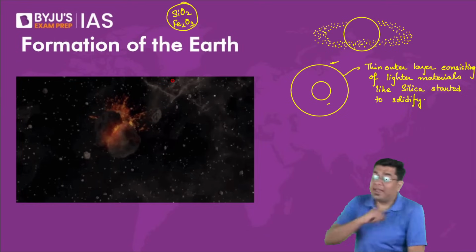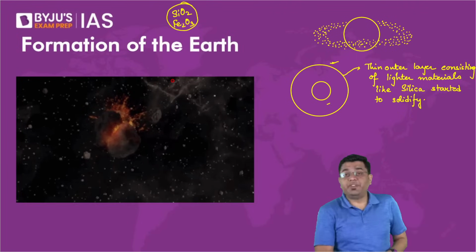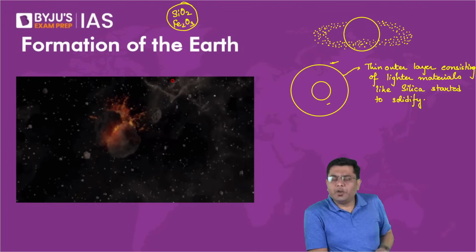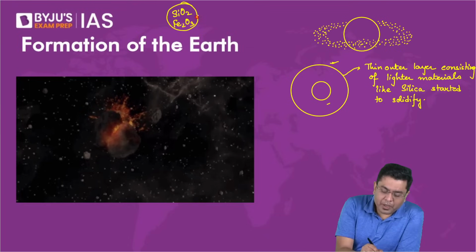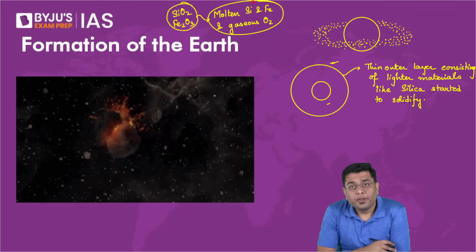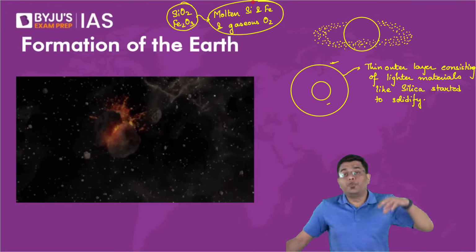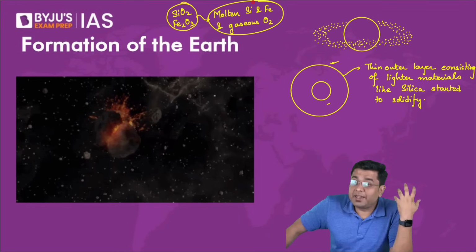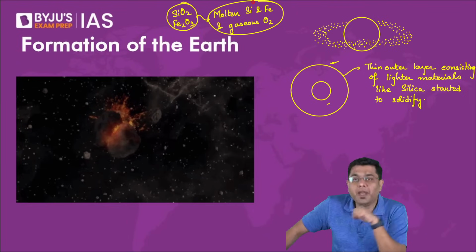When I heat up the silica, silicon will get converted into liquid. But what about oxygen? Oxygen will get converted into gas, isn't it? So when I heat this up, what do I get? Molten silicon and iron and gaseous oxygen, isn't it?